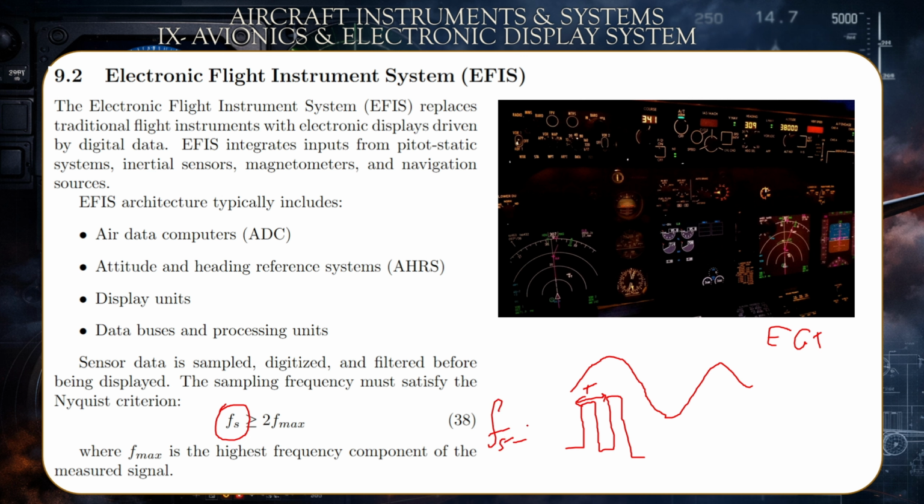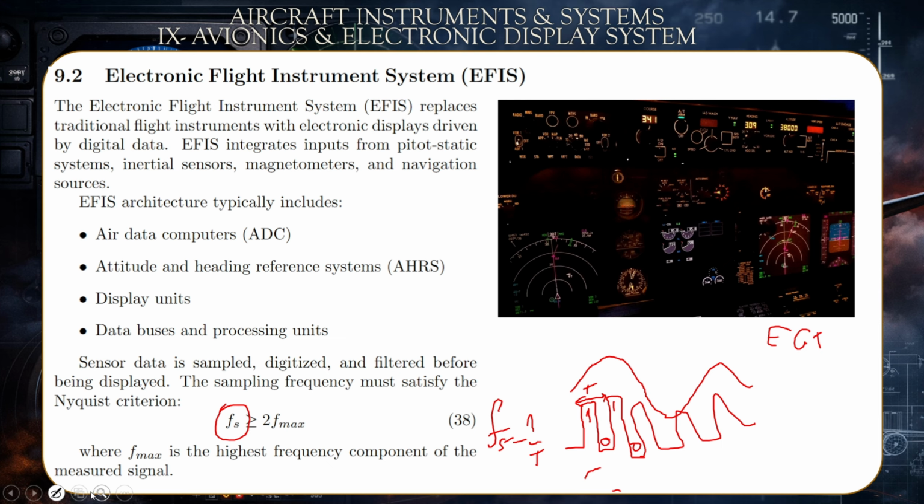Fs is equal to 1 divided by T, the period being the temporal distance between two peaks or two troughs. Now, this sampler multiplies the signal, and it is a sequence of 1s and 0s. Whenever the value is 1, you get a part of the signal. When the value is 0, you get nothing.